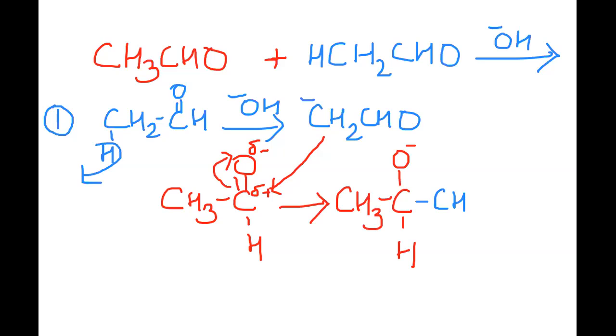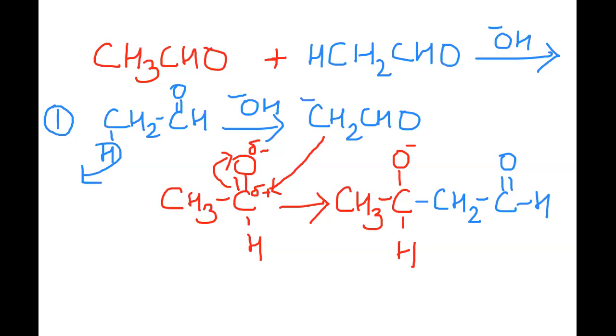CH2, and C double bond O and an H. Now you see, this negative charge will further be removed. Why? Because it's going to pick up a hydrogen from the solvent and it is going to form the alcohol molecule. So what you will get here is an alcohol molecule.